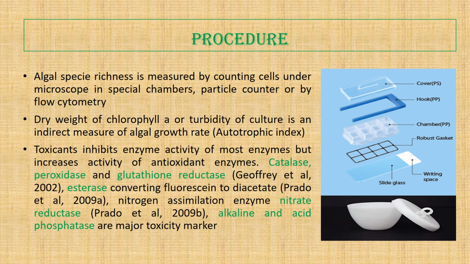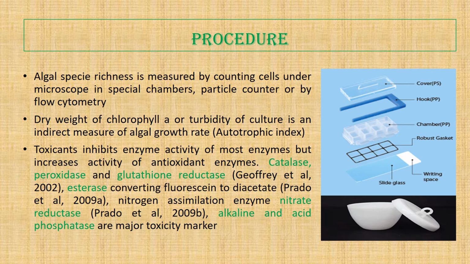The more an alga is under stress, the lesser will be the level of photosynthesis, and the lesser will be the level of chlorophyll. Also, under stress, certain algae have certain enzymes like catalase, peroxidase, glutathione reductase. The presence of these enzymes will indicate stress.